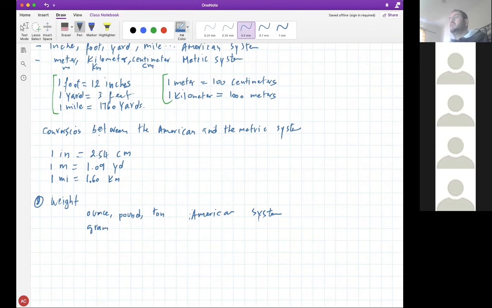Okay, so instead of ounces, most countries don't know what an ounce is. They use grams. And again, the international system of units uses grams. In science and physics and everything, they use grams instead of ounces. Gram, then we have a kilogram.